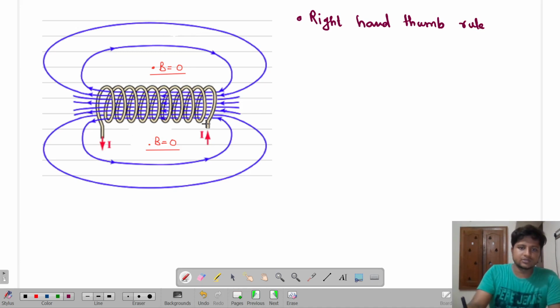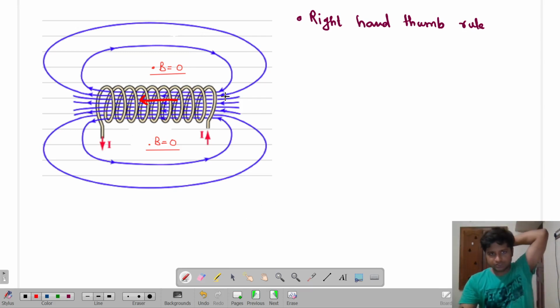So look over here. Suppose I rotate it, and if I curl along the direction of current, then we'll find that the magnetic field direction inside it is going this way. Got it or not? If you put the thumb like this and curl it, you will feel that the currents are going this way. Are you able to get that the magnetic field is going towards the west side? Is that clear?